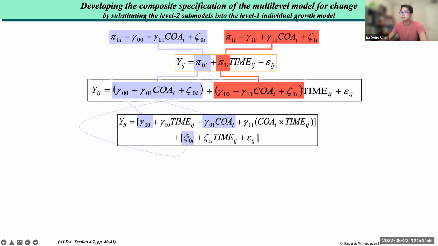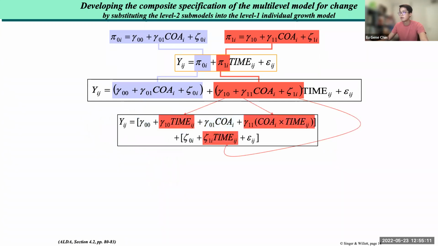And then we've got zeta 0i, which represents the level 2 residual, so the individuals' scatter around the estimated population average in terms of the initial status. And then we've got gamma 1,0, which represents the population's average rate of change for kids whose parents are non-alcoholics.